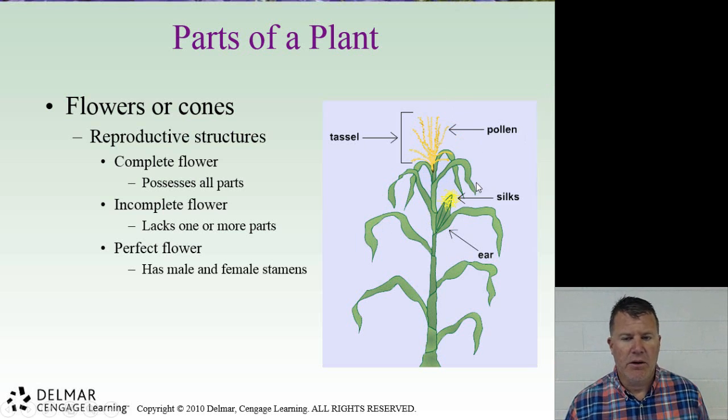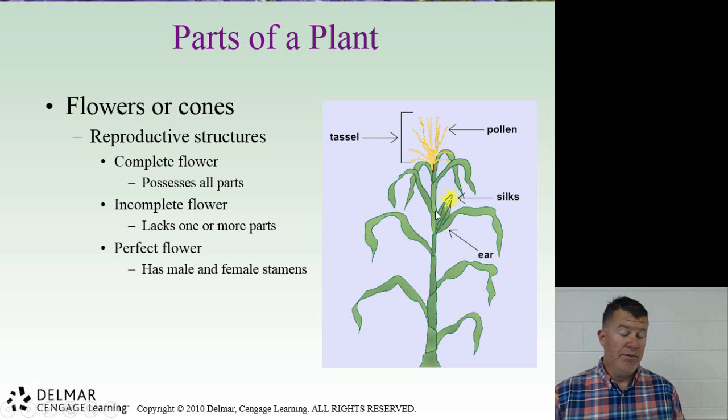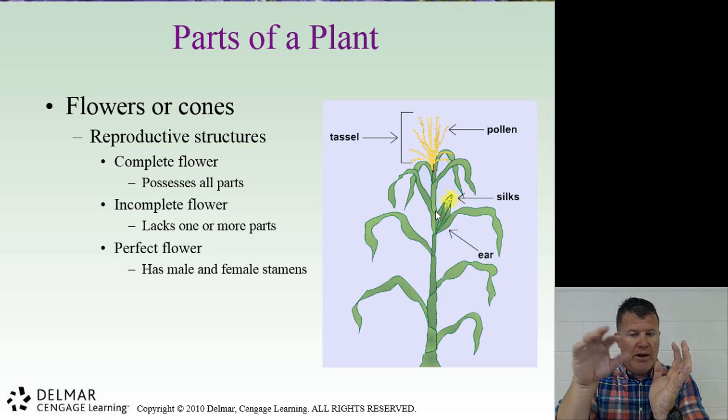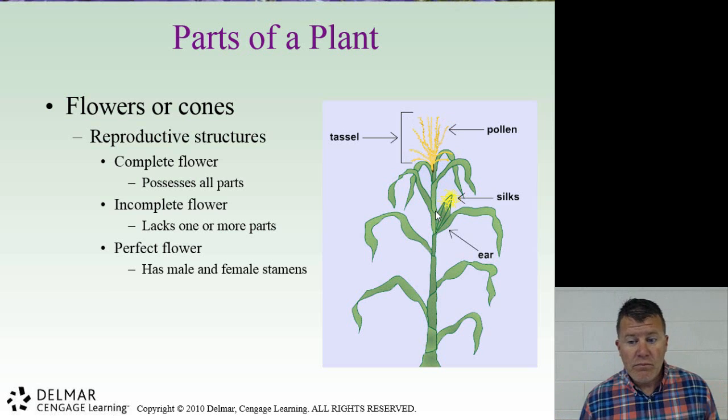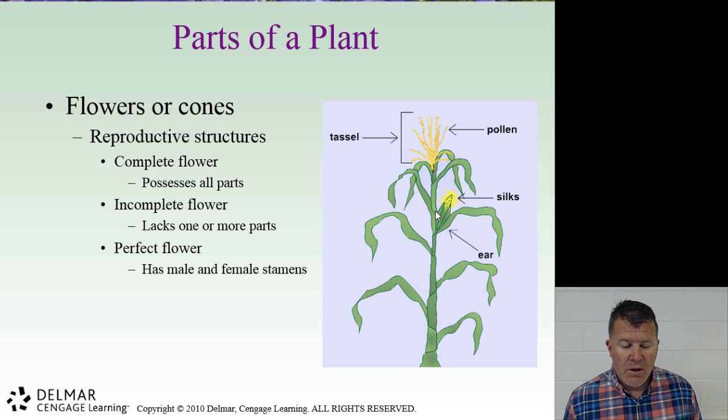The bees and stuff like that aren't going to swarm around this. You got the wind that's blowing around. Well, then it's pollinated that way, that pollen falling down to the female flower. Whereas you've got the complete perfect flower, and you've got the bees flying all around it. And they're jumping from stamen to pistil, and voila, you've got pollination.